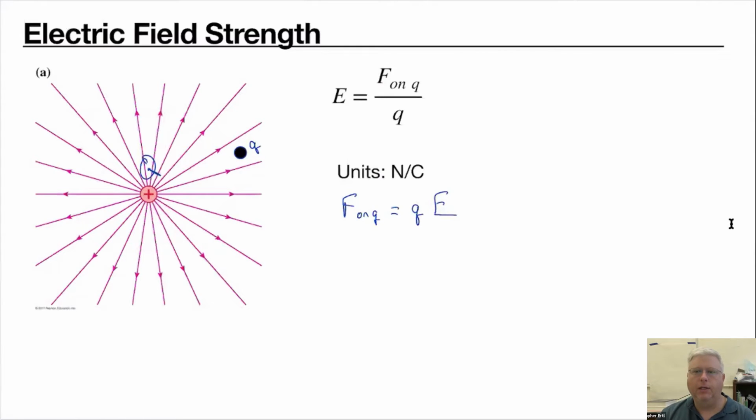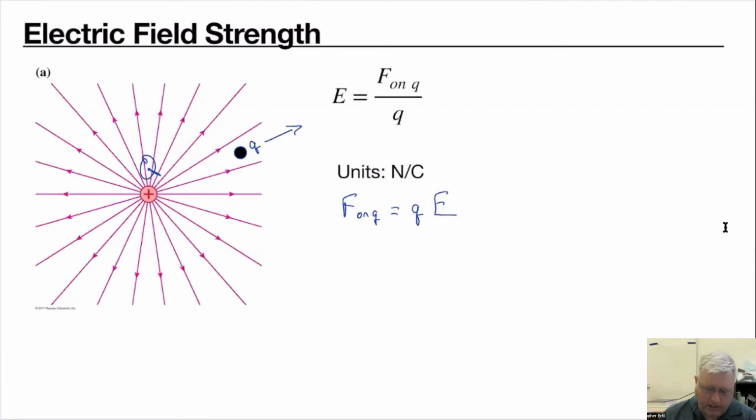So if the charge that's creating the field is positive, and the charge that we place in the field is positive, then the force that the charge we put in there experiences is in which direction?